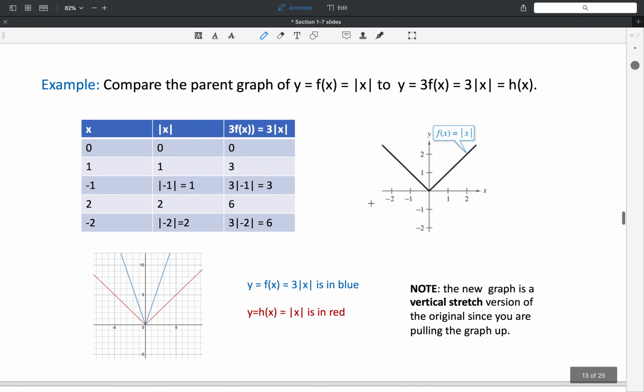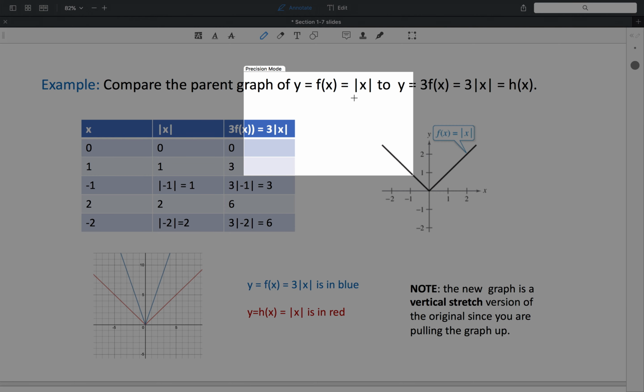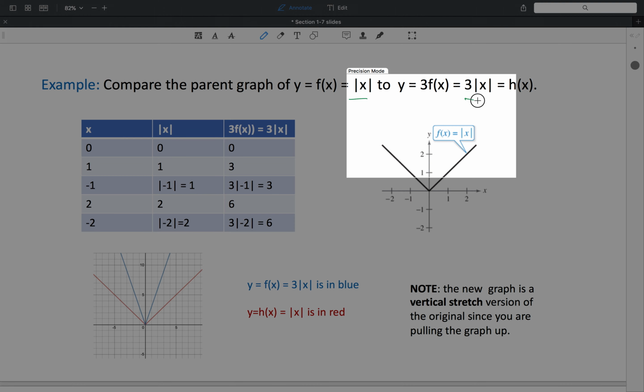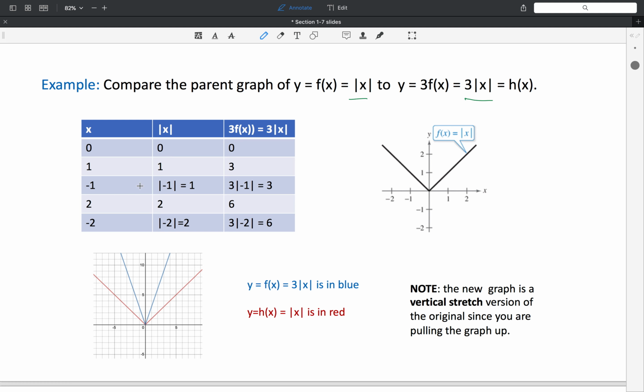Okay, welcome back. I want to compare the parent graph of this function to the graph of 3|x|. Rather than think too hard about it, I made a table of values. I know what the absolute value shape looks like, so I can plot these points and connect the graph. For h of x, if I plug in x equals 1 for absolute x, I get 1.